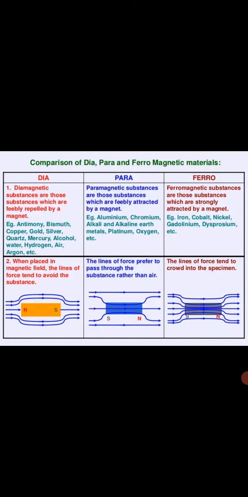So the lines of force get slightly more concentrated inside the material, and when placed in a non-uniform magnetic field, it tends to move slowly from weaker to the stronger part of the field.